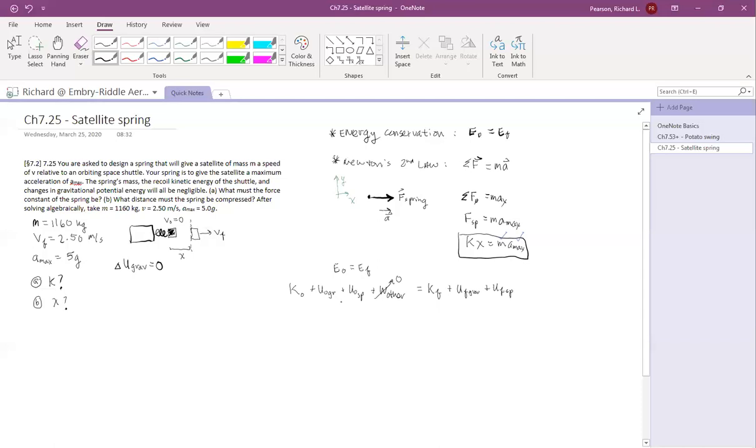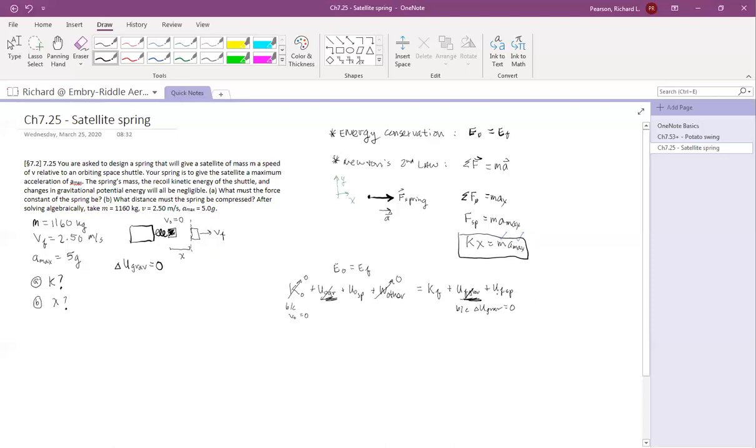Now we've already stated that the change in our gravitational potential energy is zero, so these will cancel out because we're given that delta U grav is zero. And we know that it starts from rest, so the initial kinetic energy also goes to zero because our initial velocity is zero, so we have no motion.